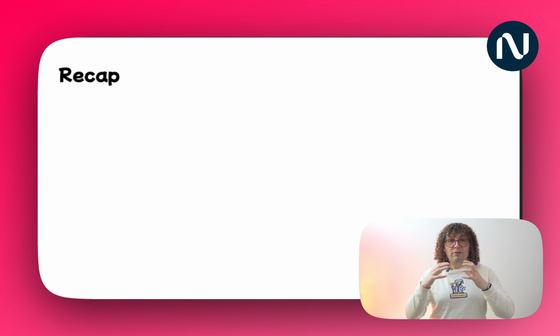So, to recapitulate, state is this core structure in LangGraph. States enable us to keep the current snapshot, the current state of our agentic workflow.